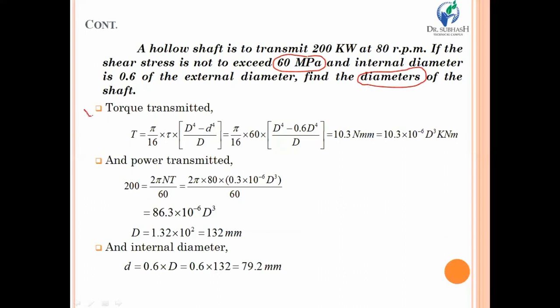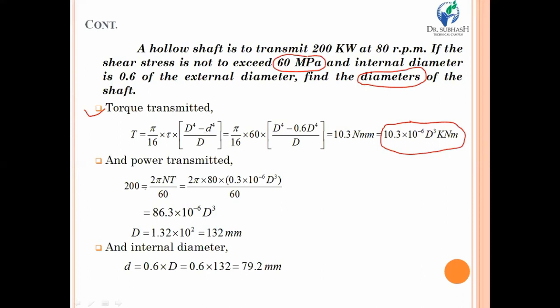For that, kindly go through the torque equation. T is equal to pi by 16 into tau into (D raised to 4 minus small d raised to 4) upon D. By putting in the values, you will have 10.3 into 10 raised to minus 6 into D cube kilonewton meter. Now we also know that the equation for the power is P is equal to 2 pi N T divided by 60.